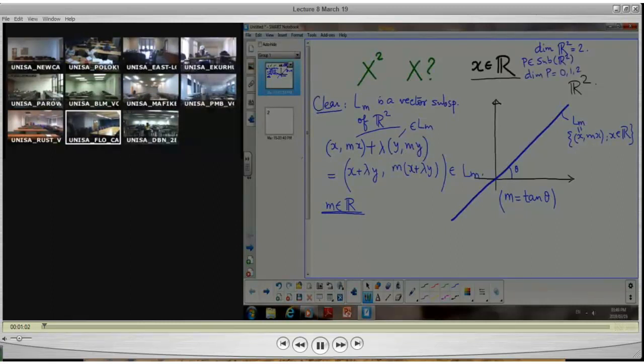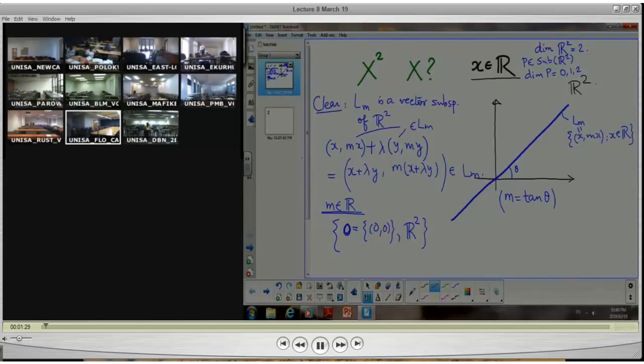There is only one subspace of dimension 0, which is the zero space. There is only one subspace of dimension 2, which is R^2. Then you have several subspaces as you change your m.